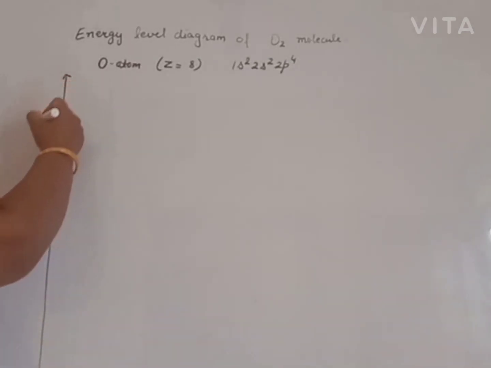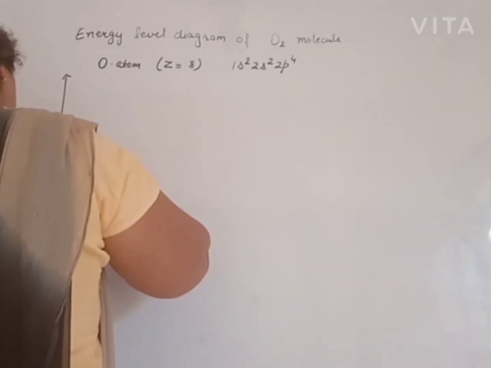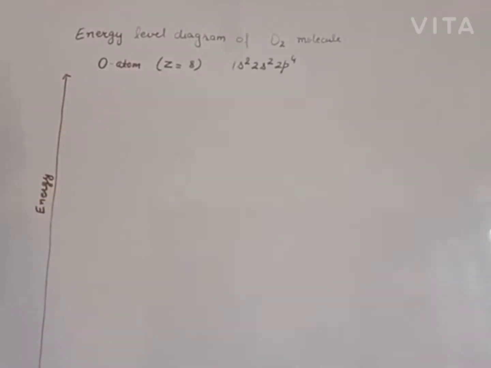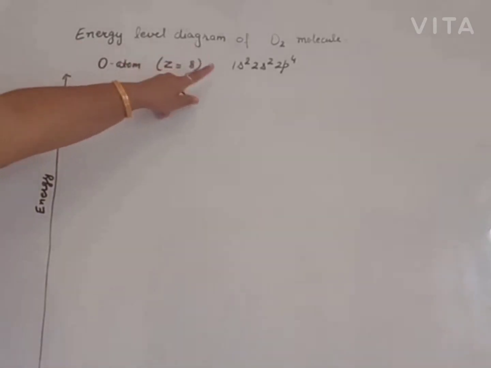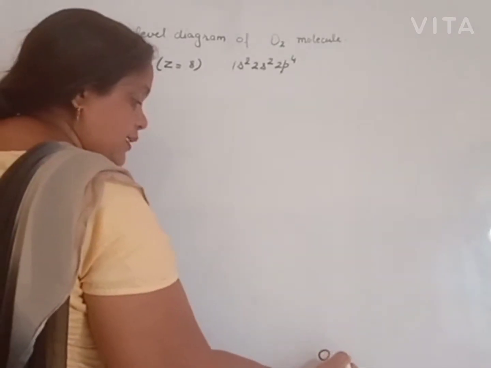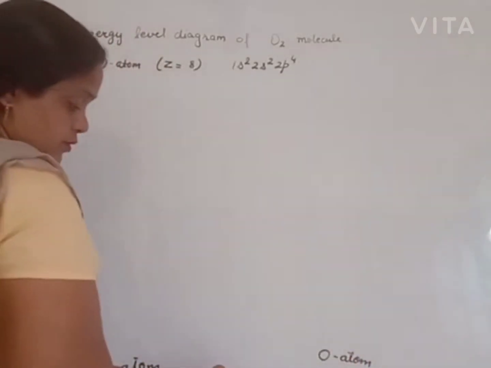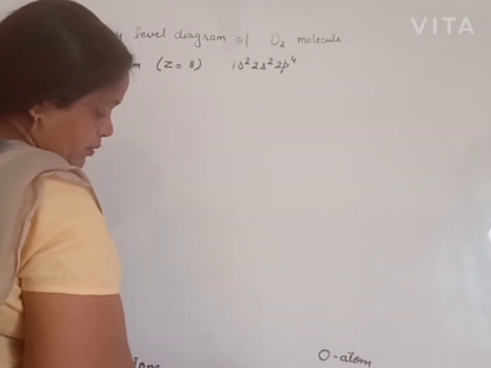First of all, draw the energy axis increasing from lower to upper side like this. First of all, electrons enter the s orbital. This is one oxygen atom, this is another oxygen atom, and they will combine together to give the oxygen molecule.